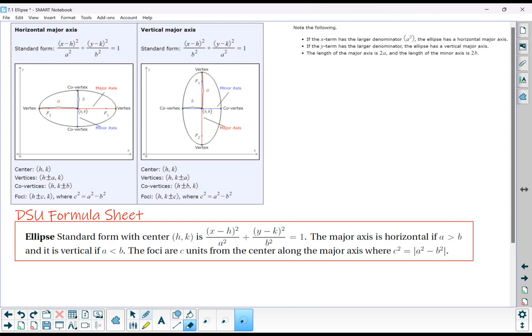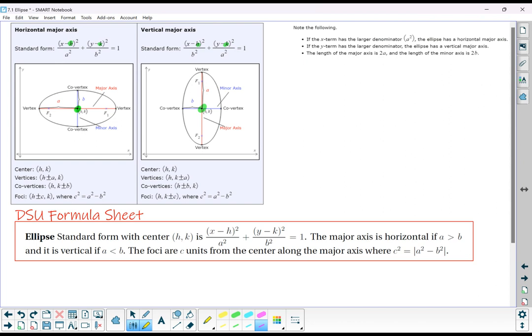So the next topic is going to have you find five characteristic points of an ellipse. The first point it is going to have you find is the center, and we already practiced finding the center when we were graphing just barely.